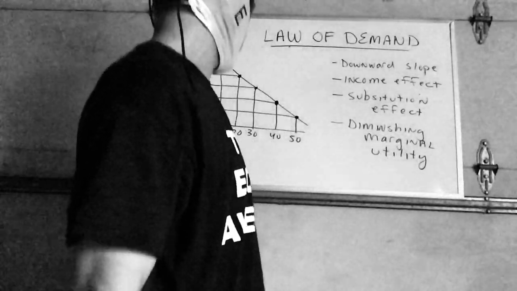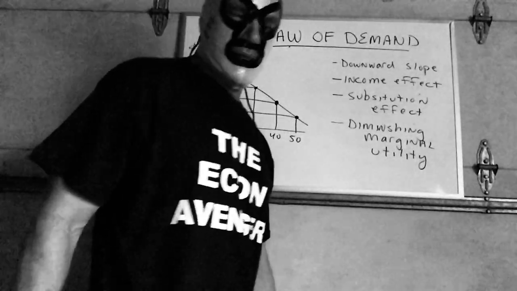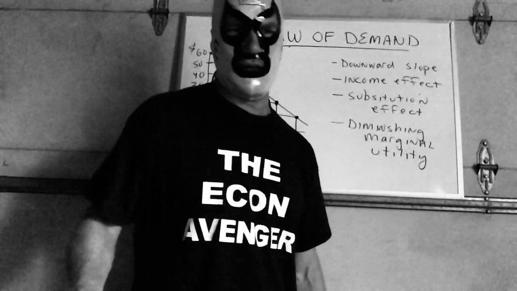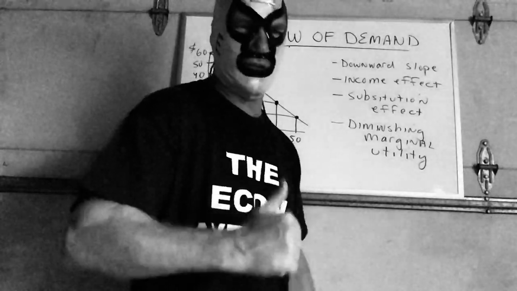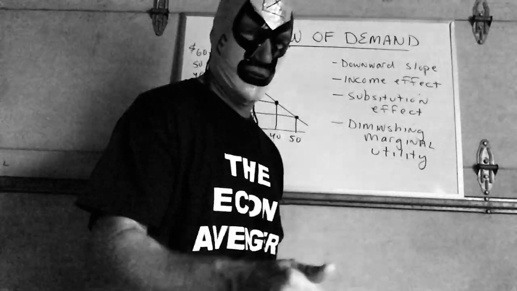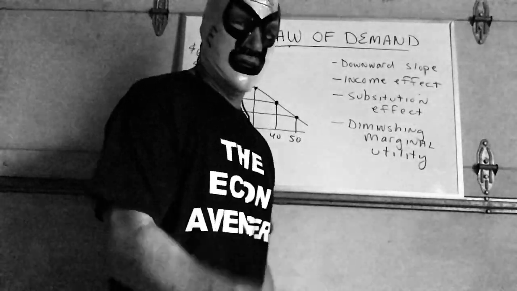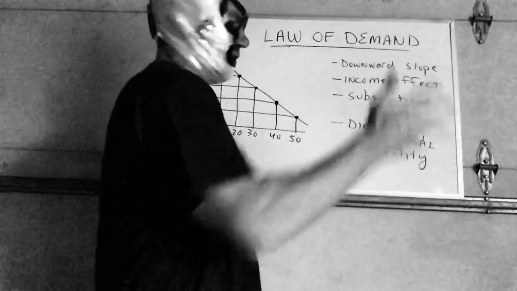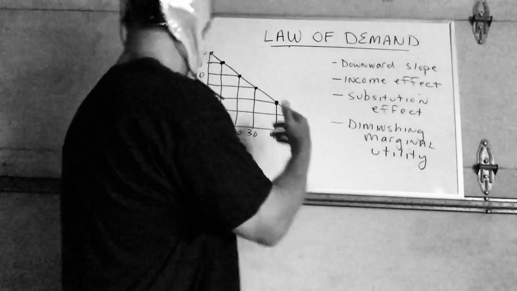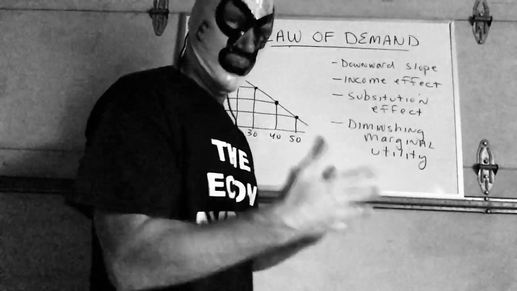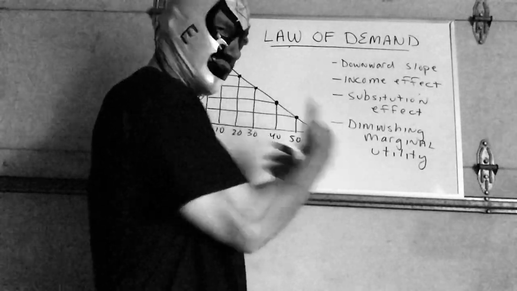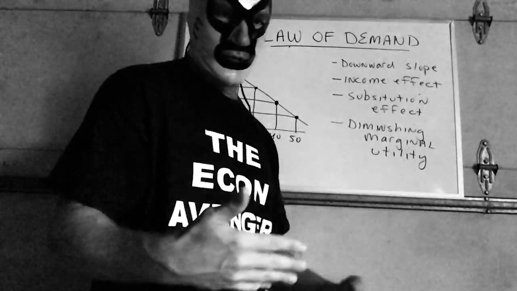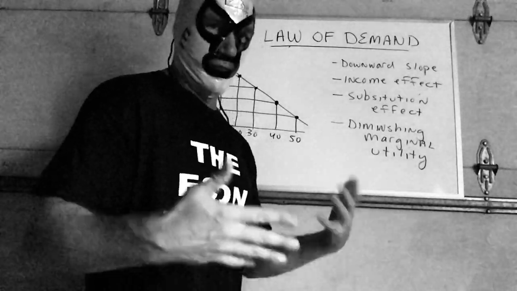If it's a curve for Nike, you have to consider Adidas, if people assume that there are substitutes for those goods. Let's say my rival, well, I don't even have any rival. If you dig deeper into class, I'm a monopoly when it comes to my stuff, the Econ Avenger. As far as I know, I'm the only masked econ tutor out there on video. Well, let's use another example. When the price of one product stays the same, if the other product increases or decreases its price, that can affect you.